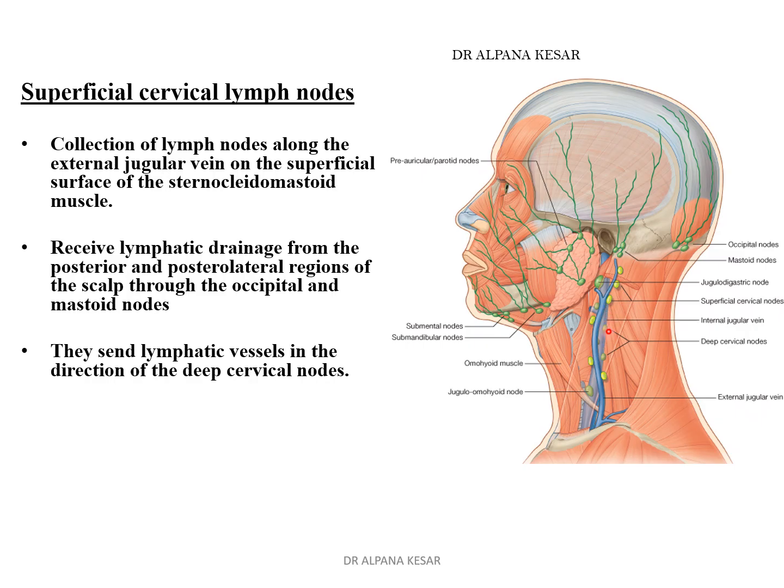Superficial cervical lymph nodes receive lymphatics from the posterior surface of the scalp through the occipital lymph nodes and from the posterolateral surface of the scalp through the mastoid group of lymph nodes. Superficial cervical lymph nodes send lymphatic vessels in the direction of deep cervical lymph nodes, which are present along the internal jugular vein.